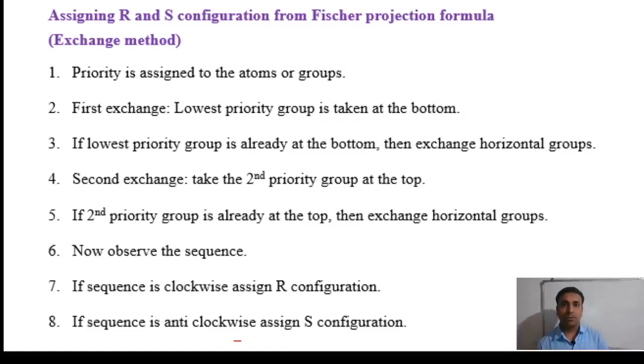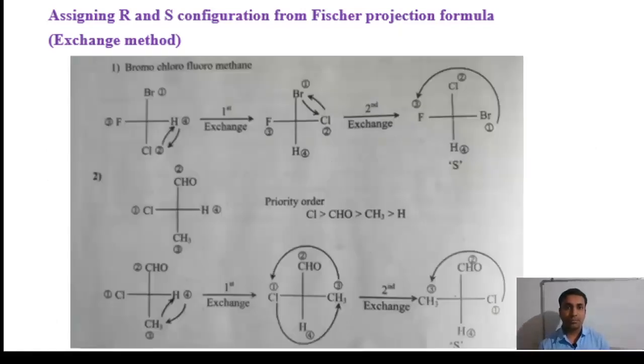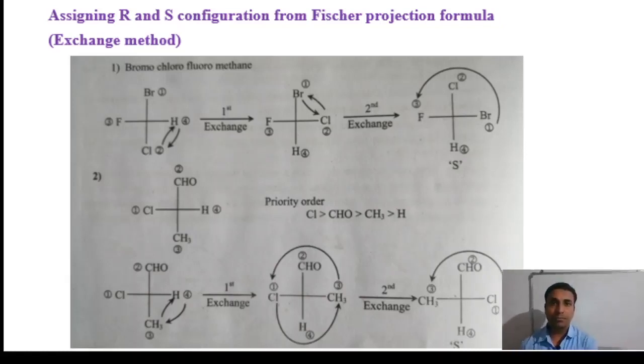Now let us see these rules with the help of some examples. From an example it will be more clear. See here, bromochlorofluoromethane. This molecule is shown here. So we shall directly discuss it on the board, instead of observing the PowerPoint slide. Remember the name, bromochlorofluoromethane.